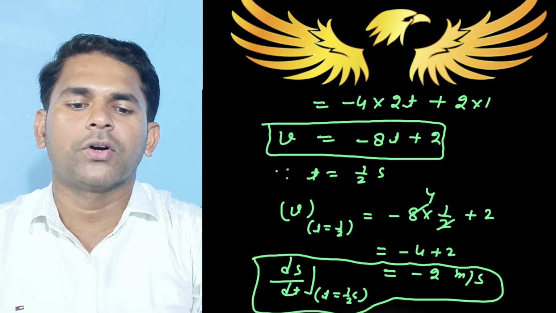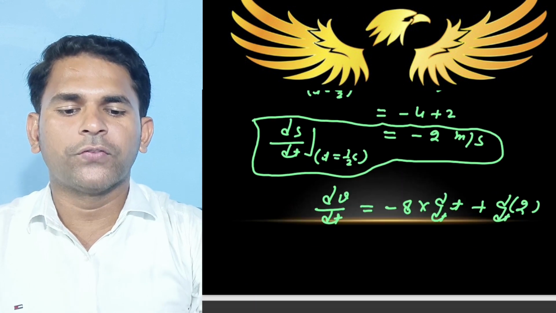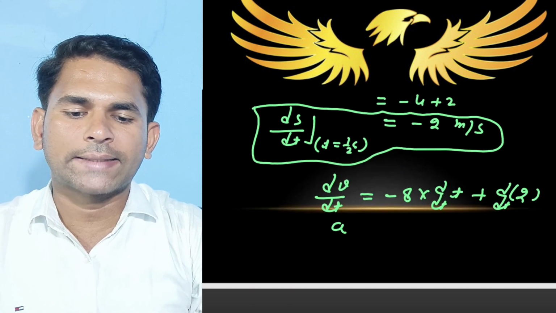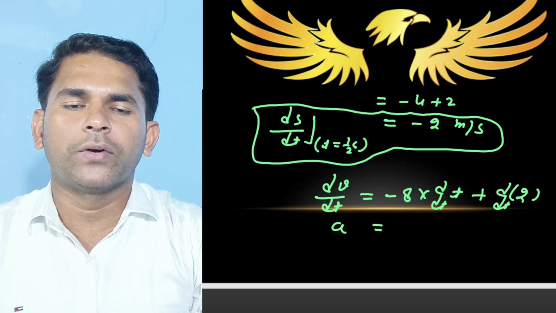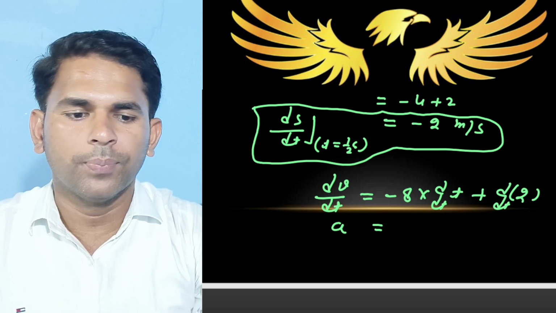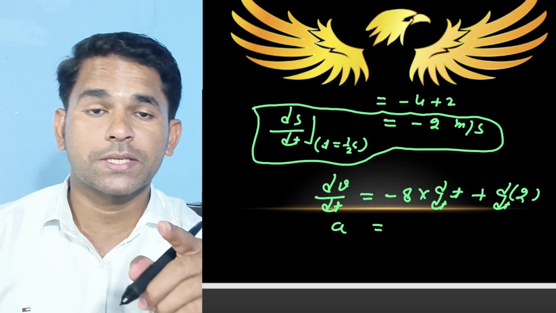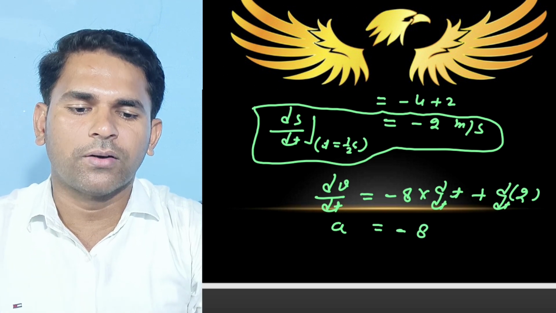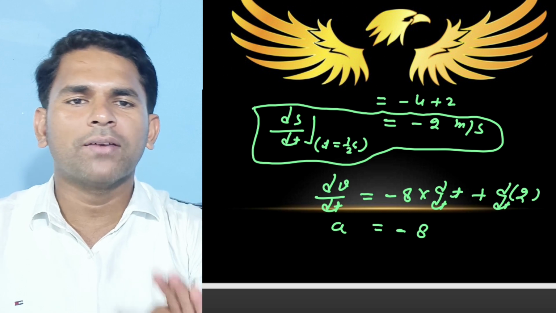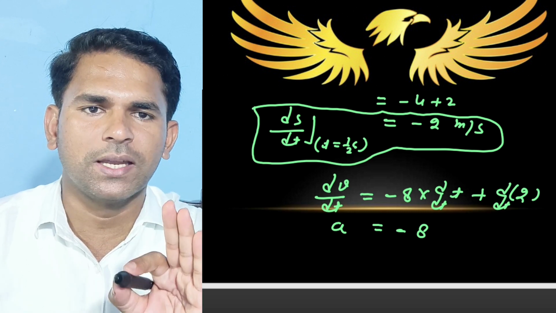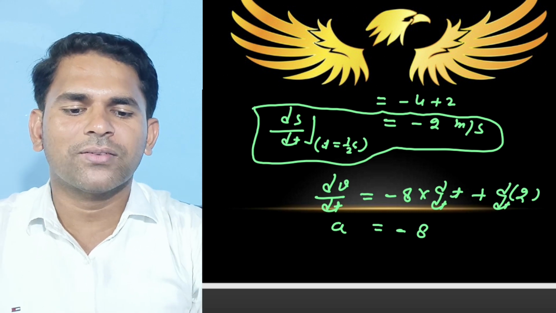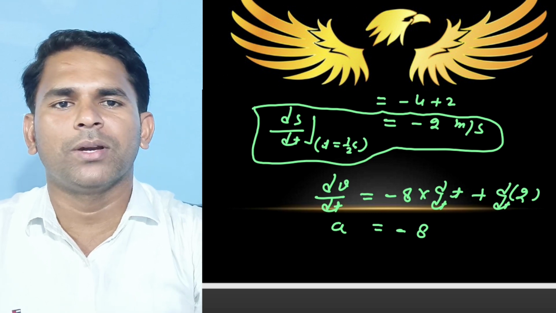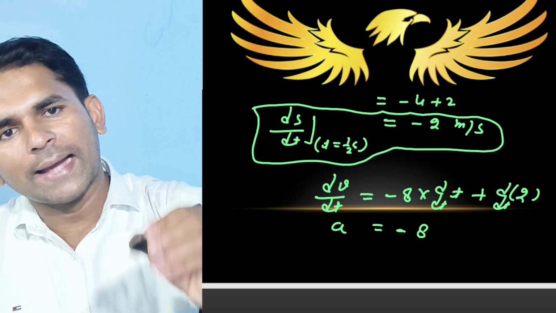Because here we have the constant 2. So differentiating again, you get the acceleration. d over dt of t is 1 and the differentiation of the constant is 0. So finally we can write minus 8. Here there is no function of time t, so we consider minus 8 meter per second square as the acceleration.